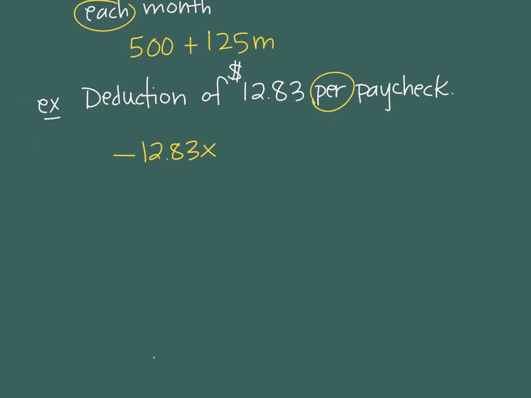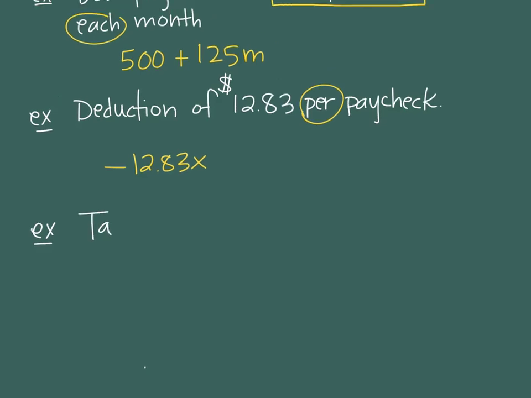All right, so then how about this? A tax of 9.25%. Tax is tricky. Percentages are tricky. A couple things about percentages. We already talked about moving the decimal, but now we also talk about adding a variable. A percent also needs a variable added onto it.